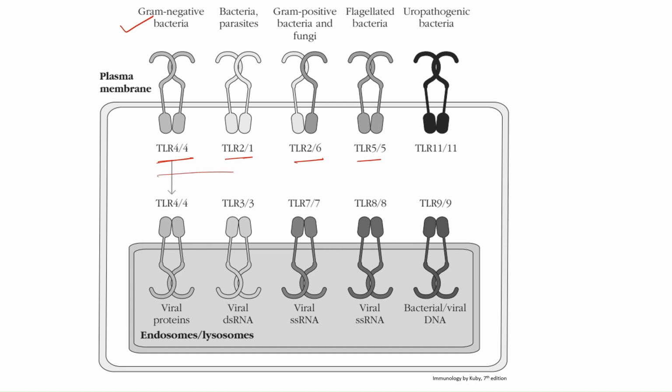Similarly, these are the TLRs that are found on the plasma membrane. These are the TLRs that are found inside the cell. So TLR3, as you can see, helps to recognize the viral double-stranded RNA. So this diagram is showing you the different types of TLR and against which pathogens they are active.